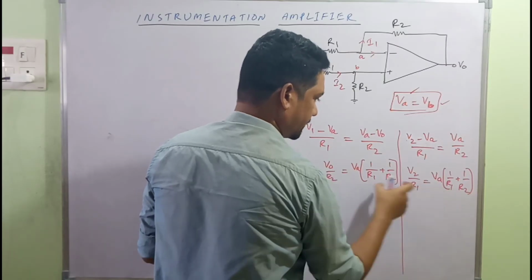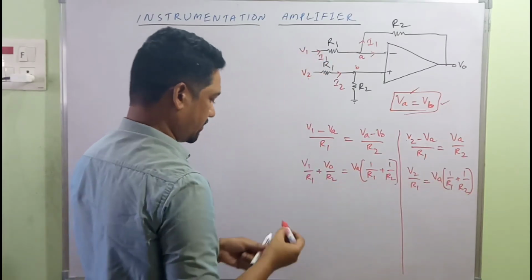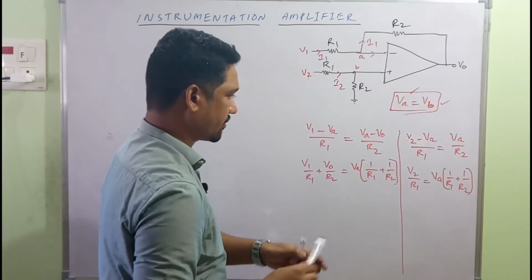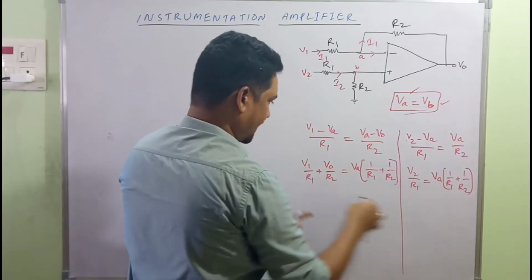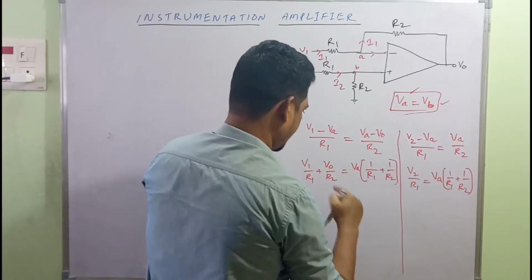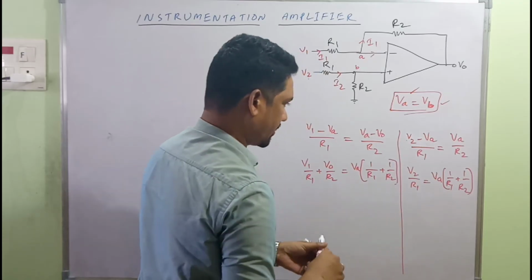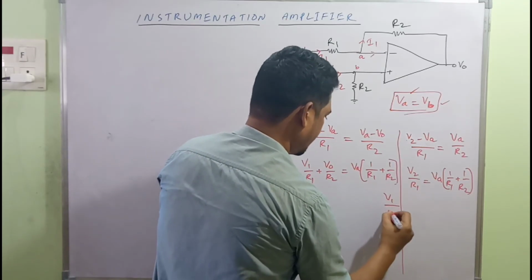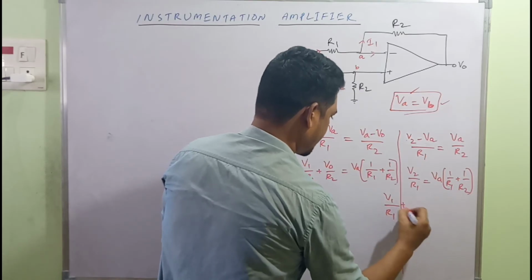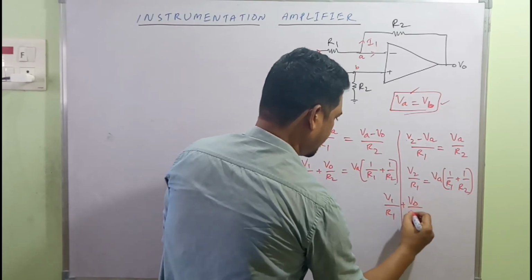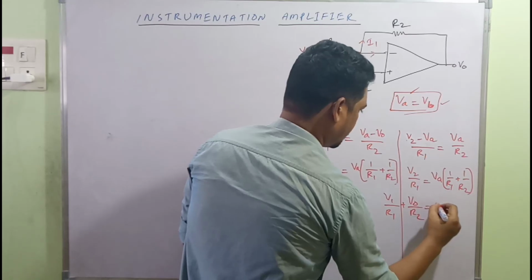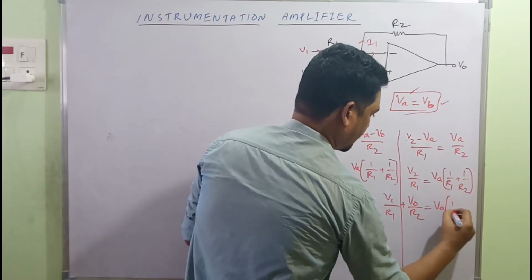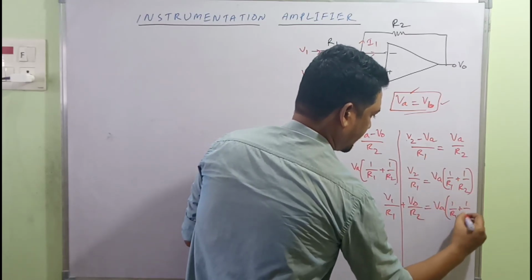These two are equal, so these two equations will be equal. Changing the color, okay? Writing this down as it is will be easier. It's V1 by R1 plus V0 by R2, which is equal to VA into 1 by R1 plus 1 by R2.